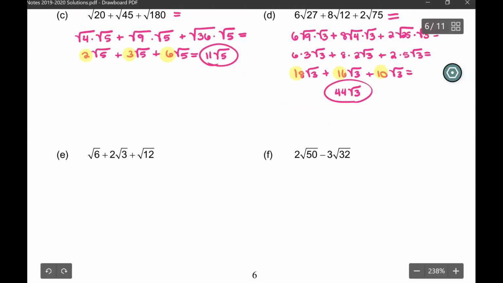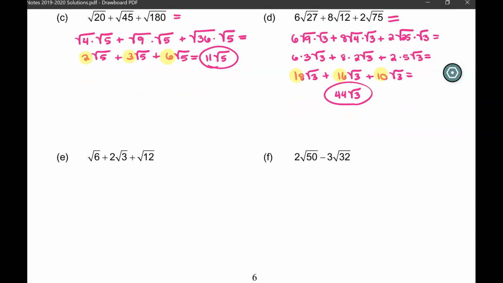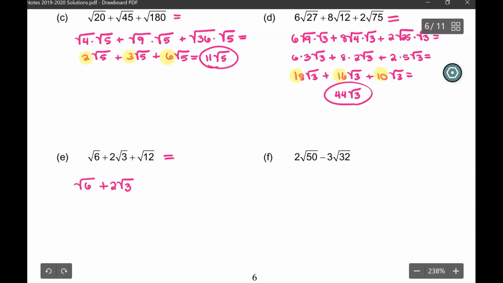Okay. Same thing for E. Now for E, the square root of 6, there's nothing I can do with that, so I'm going to just leave it because it's just 3 times 2. There's no perfect squares. Same thing with the 2 root 3, but 12 can be broken up into 4 times 3. So I have square root of 6 plus 2 times the square root of 3 plus 2 times the square root of 3.